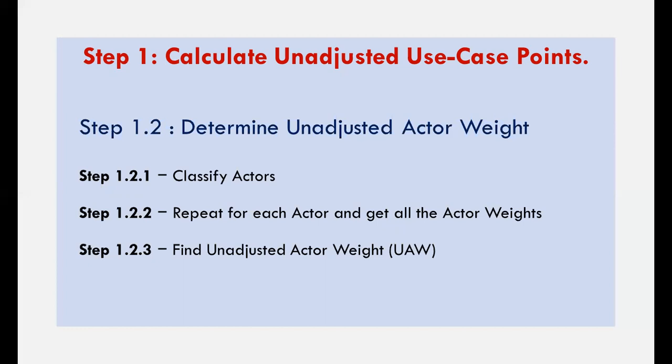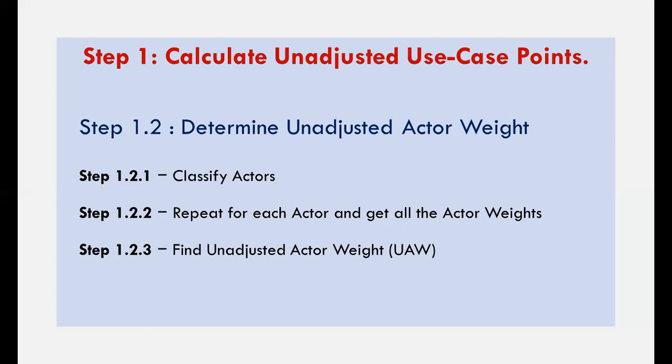Whereas in step 1.2.3, we need to find the unadjusted actor weights UAW. And for that, we use a table. In that, the simple actor weight is 1, and the number of actors into 1 will give you the product. For average, the actor weight is 2, so 2 into the number of average actors, NAA, will give you the product.